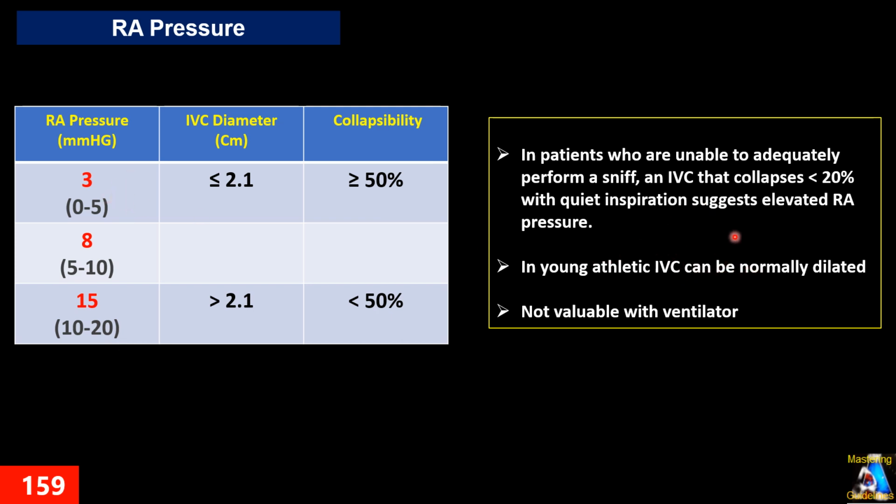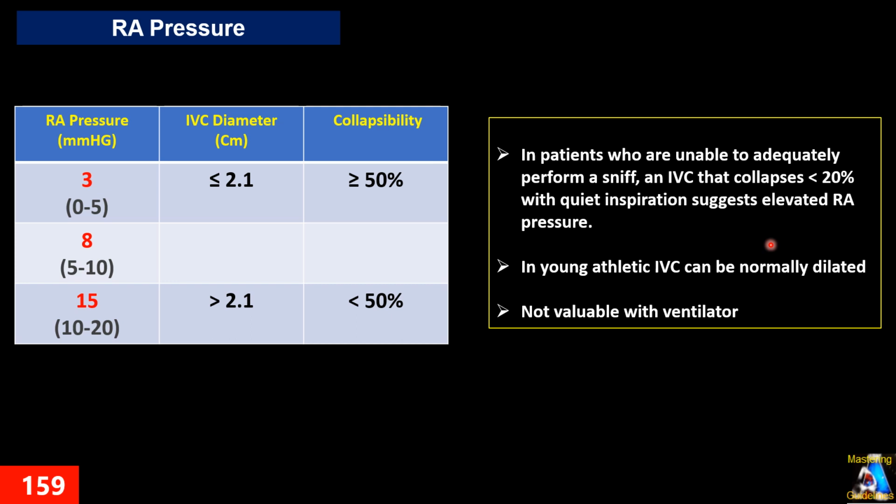Another one is young athletic people. We can expect to see the IVC normally dilated, but in that case, collapsibility will be normal, more than 50%. But there is at least one report of a young lady where everything was normal, but the IVC was dilated and collapsibility was less than 50%, and there wasn't any other finding.